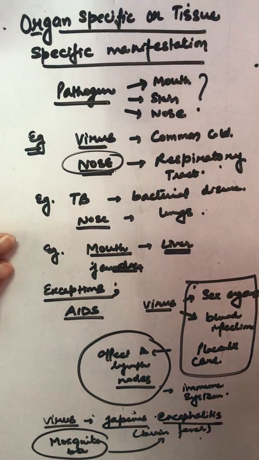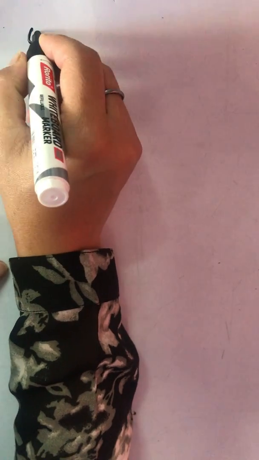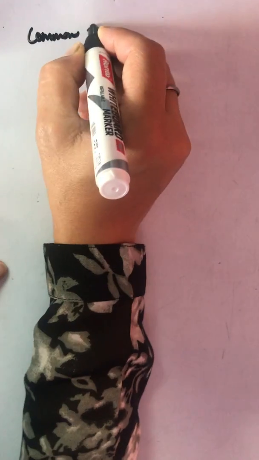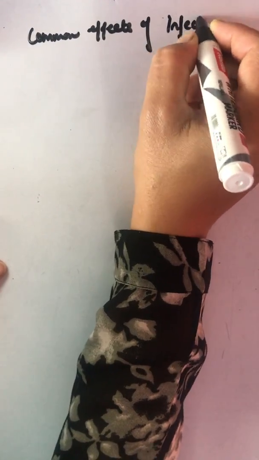What are the common effects of infectious diseases? What do they do? When these enter our body, what is the main problem or the main hurdle that the body has to face? We say common effects of infectious diseases.